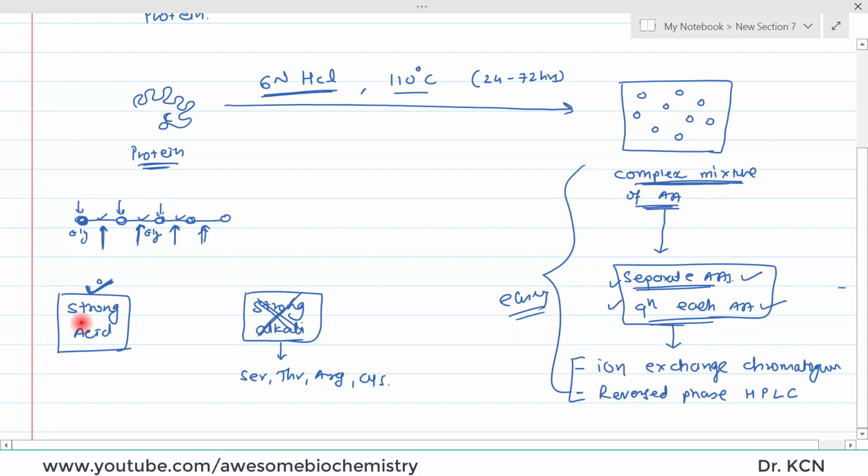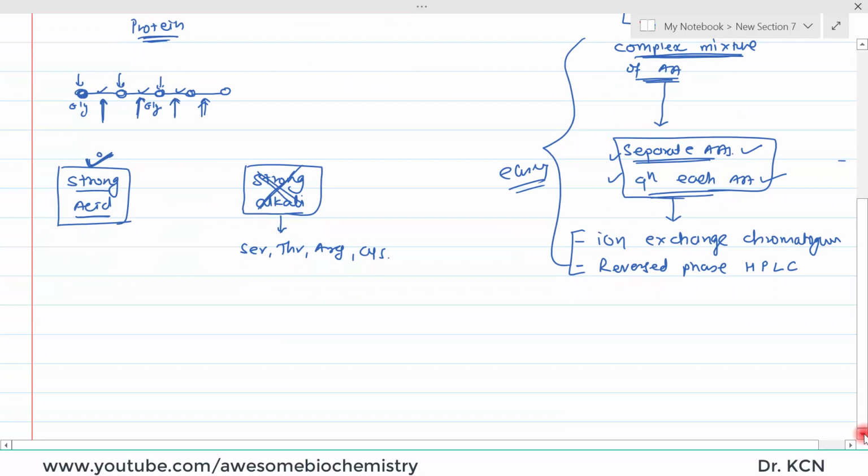As I told you earlier, strong acid also has certain problems. We will discuss all these problems one by one, along with their solutions. The first problem is tryptophan.